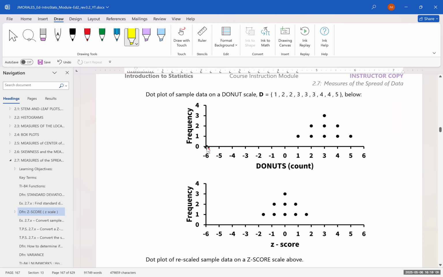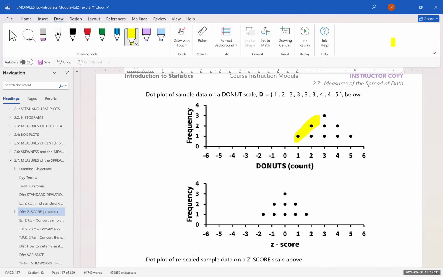All right, so here we've got a graph, a dot plot on a scale of donuts. And so you can see this graph here with a mean of 3. And when we take this data distribution and convert it into a z-score, notice that the shape hasn't changed, right?